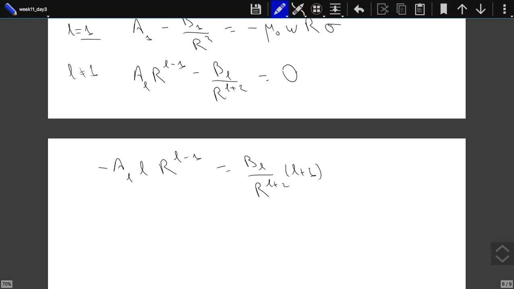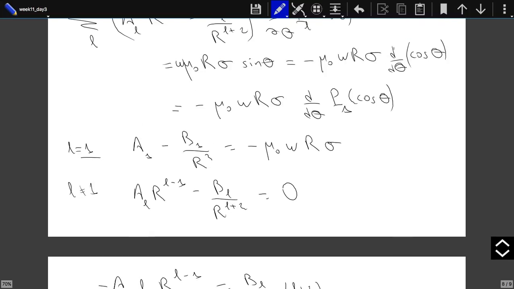Now first we can solve for ALs and BLs if L is different than 1. If L is different than 1, I have this equation which tells me that BL should be some positive number times minus AL, so AL and BL are of opposite signs.